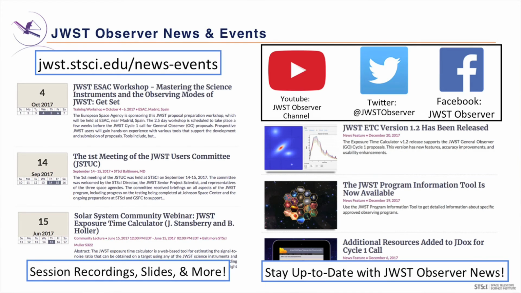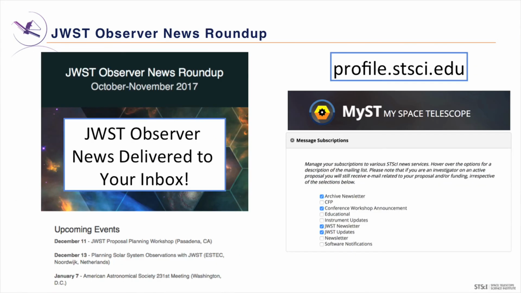The other thing I want to highlight is our news area. This is called the JWST Observer News. This is where the first releases of information happen, and then they are quickly tweeted and posted on Facebook. So to stay up to date, I suggest that folks subscribe on Twitter or Facebook. But if you don't tweet or go on Facebook, it's okay.